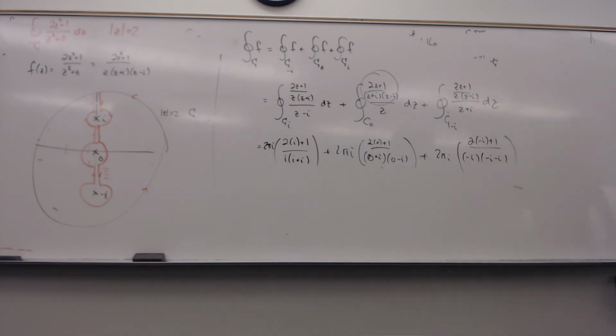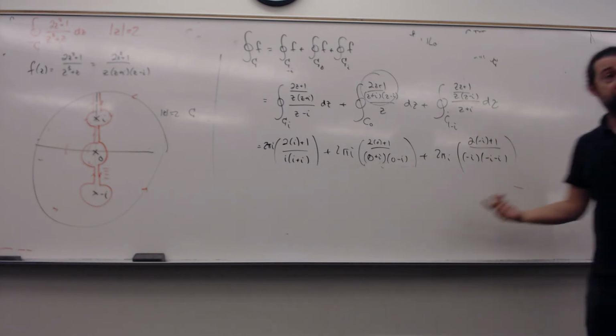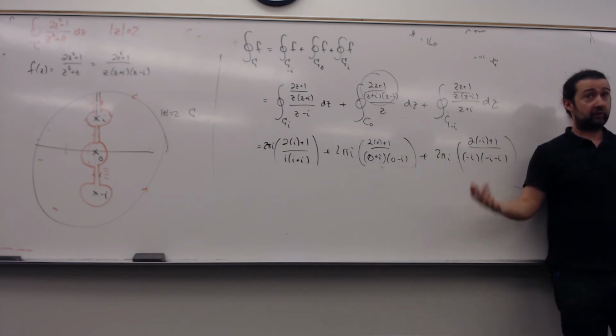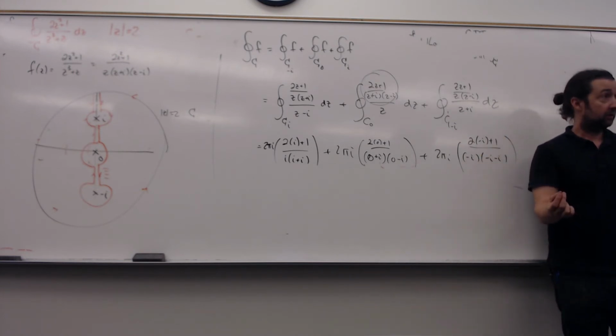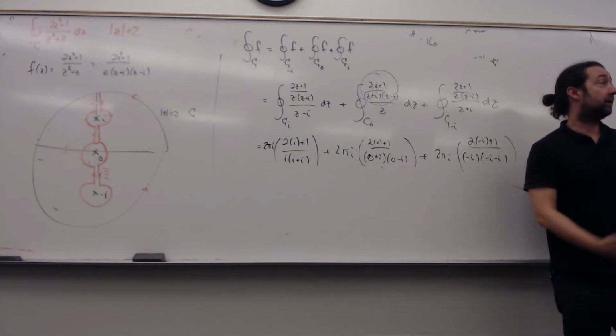And if you like, you can work out the exact multiple that happens here. But notice, these integrals are pretty predictable, right? Because they all have 2 pi i's in them, and they're all multiplied by the function evaluated at those points.